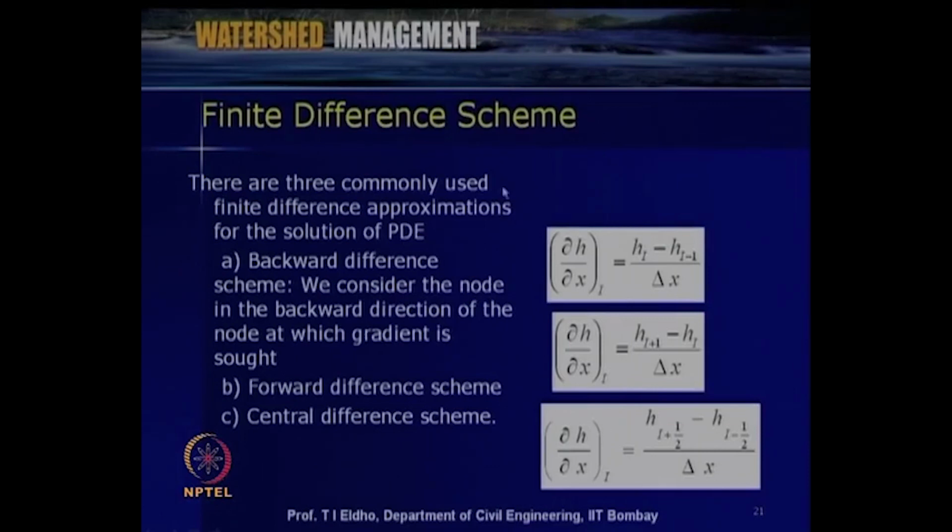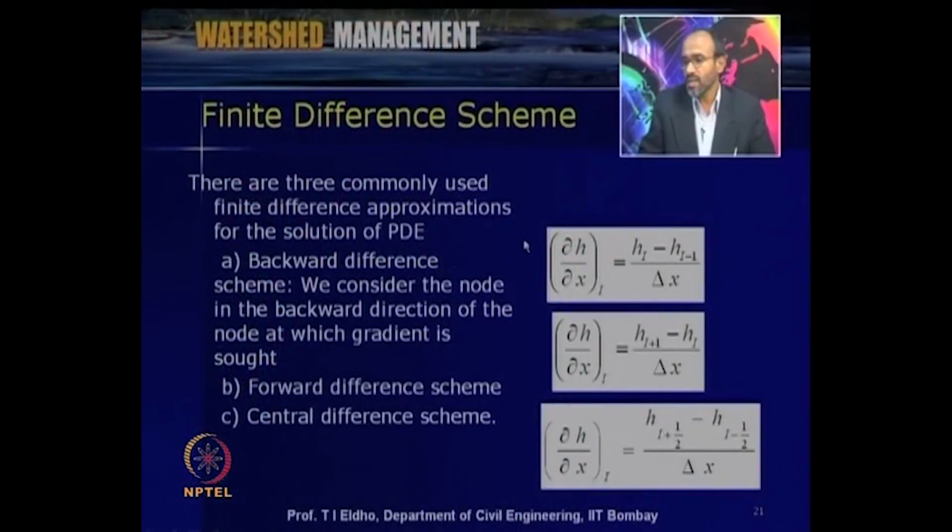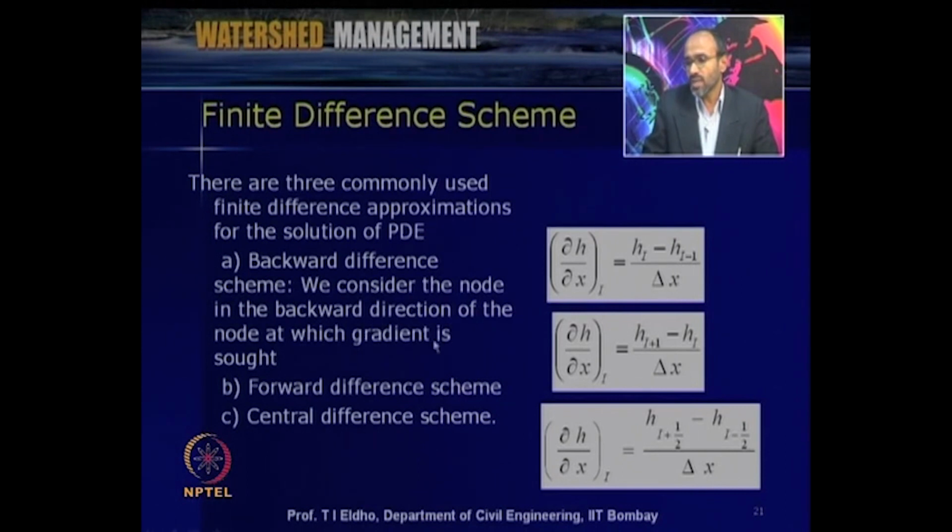As far as the finite difference scheme is concerned, generally three schemes are available which are commonly used. First one is called backward difference. Backward difference means, for example, if we consider del h by del x, here we consider the node in the backward direction of the node at which the gradient is sought. So, here it is h i minus 1 divided by delta x.